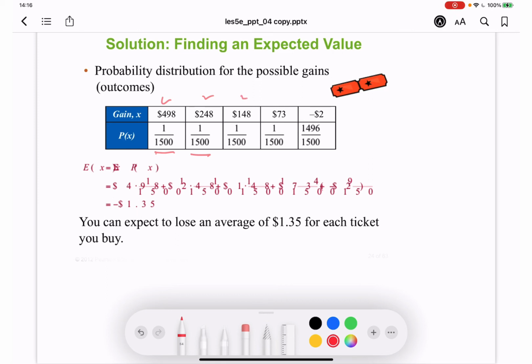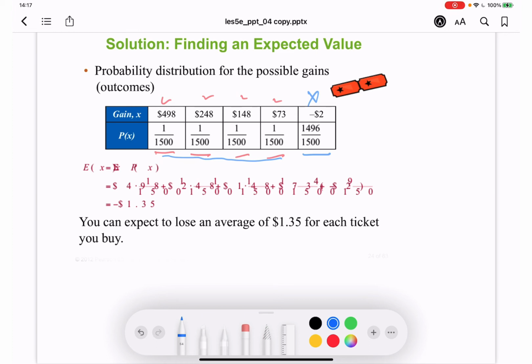Same way we keep going, 1 out of 1,500, 1 out of 1,500. And here, if you lose $2, how much is the probability? 1,500 minus the 4 tickets with prizes, it's going to be 1,496 over 1,500.